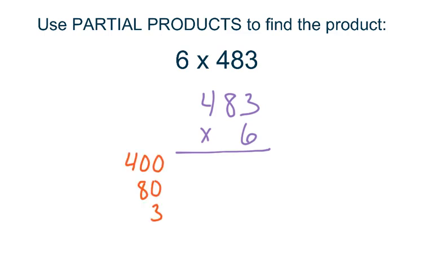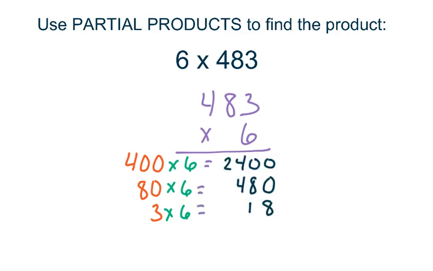Just like the last 3 methods, we have to start by expanding our number. So 483 gets expanded to 400 + 80 + 3. My next step would be to distribute my 6, or multiply each piece times my 6. My third step is going to be to multiply to find my partial products. And when you're putting down your partial products, please make sure you're lining up your place values so that you can add down easily.